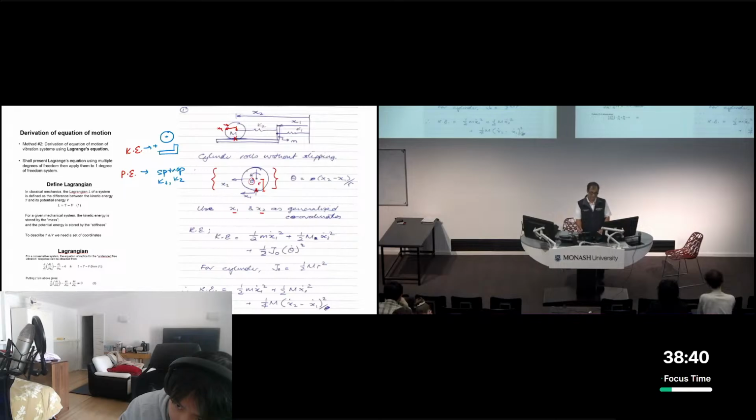All right. Now, if I consider the kinetic energy, now half mass x1, this here is the kinetic energy of the carriage.